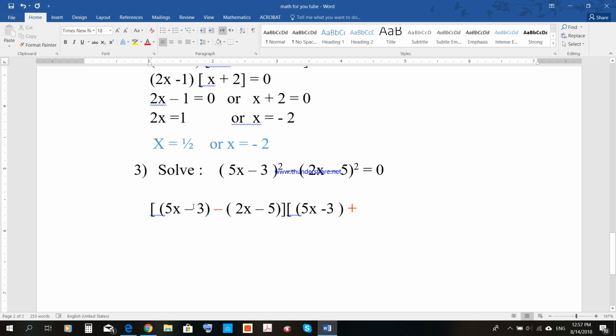That means 5x minus 3 remains 5x minus 3, and 2x minus 5 remains 2x minus 5. The sign that will be changed is the minus between the squares. In the first bracket we put minus, in the second bracket we put plus. Or you can put plus in the first bracket and minus in the second. So it becomes like that.